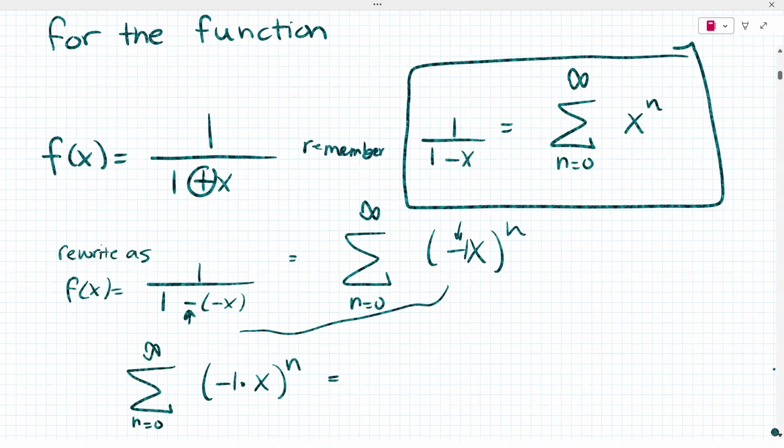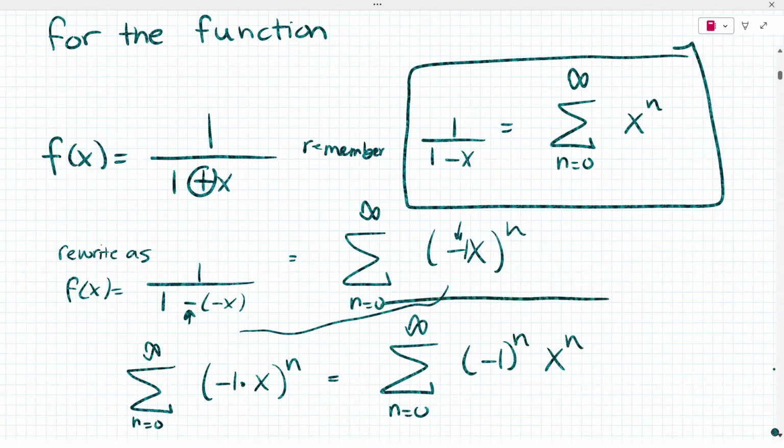So your final answer can be expressed as the summation n equals 0 to infinity of negative 1 raised to the n times x to the n. Okay, so that's your final answer.